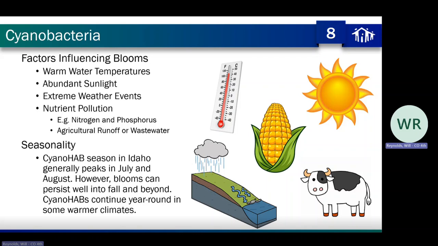So in Idaho, cyanoHAB season generally peaks in July and August. However, blooms can persist well into the fall and beyond. CyanoHABs continue year round in some warmer climates. I'm thinking of Southern California or Florida, where HABs can just continue year round.